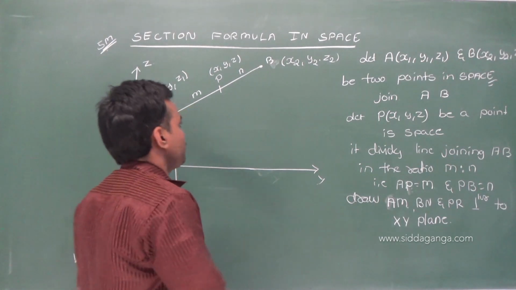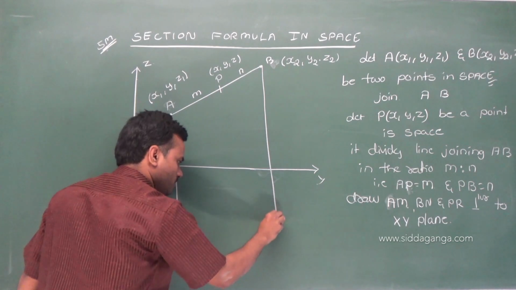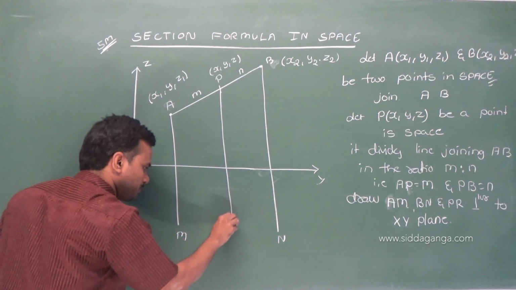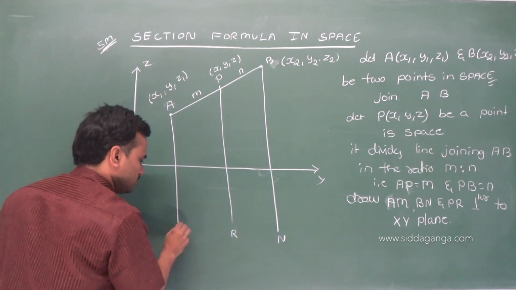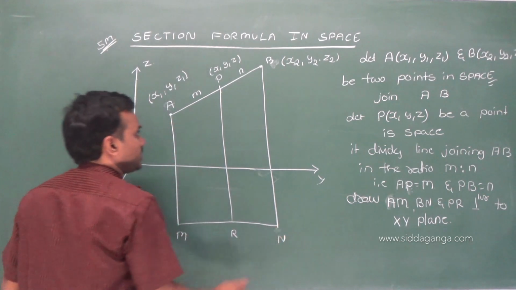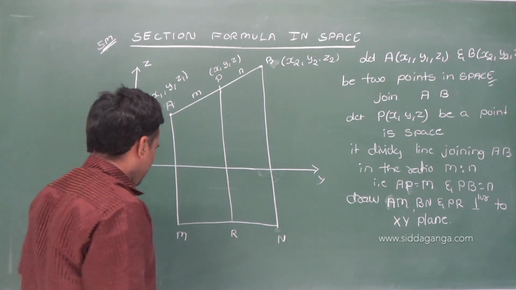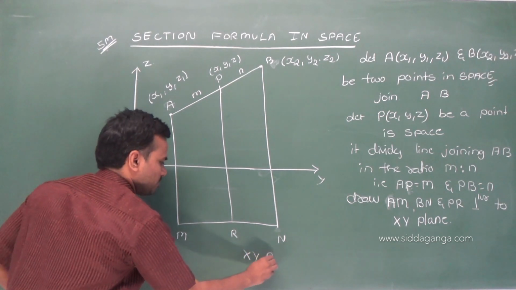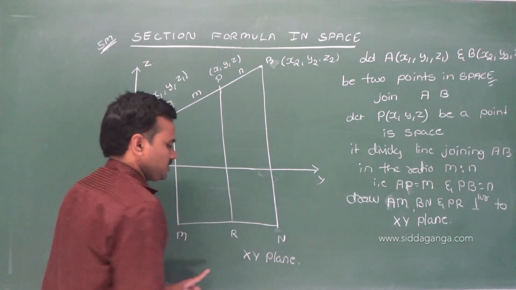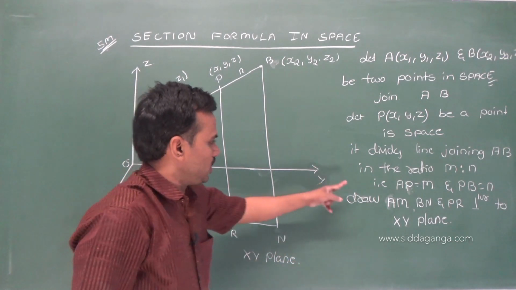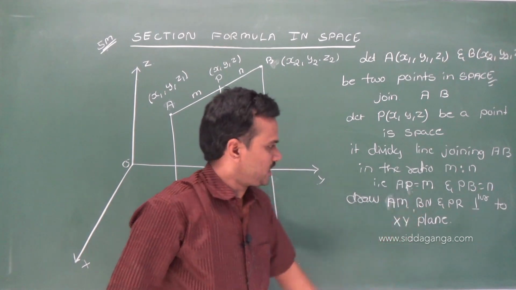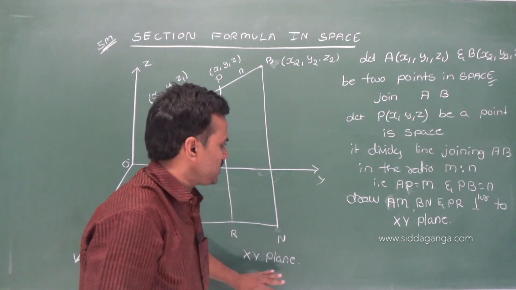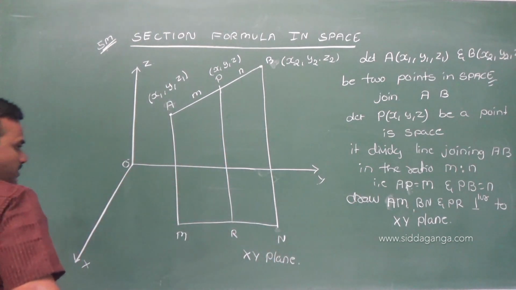Correct? AM. One more, BN. One more, PR. AM, BN, PR perpendicular to this plane. This plane we call it as XY plane. Draw AM, BN, PR perpendicular to the XY plane. Okay, over.